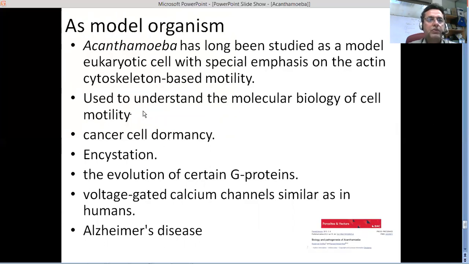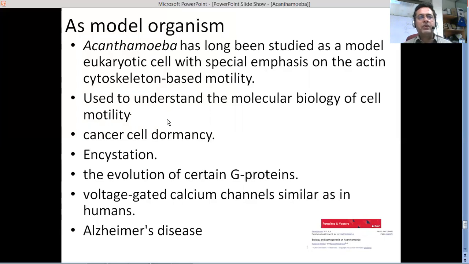They are also used to study cancer cell dormancy or to understand the process of encystation. So you can just use this particular organism.